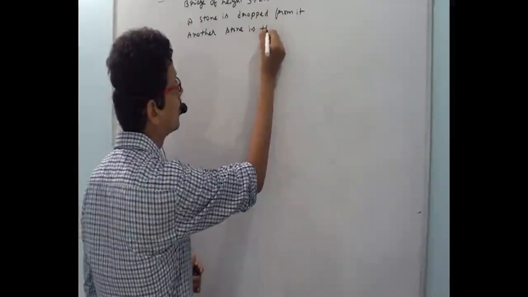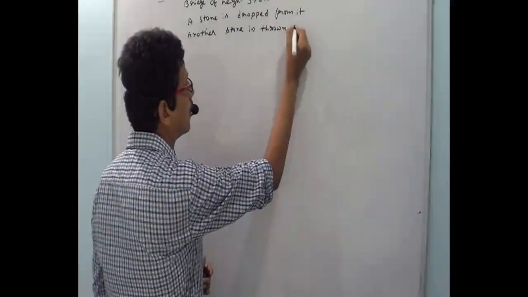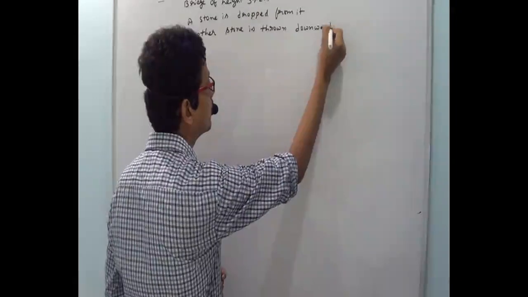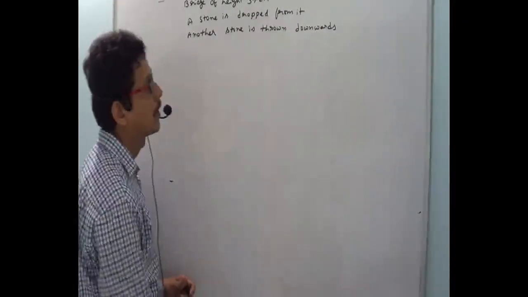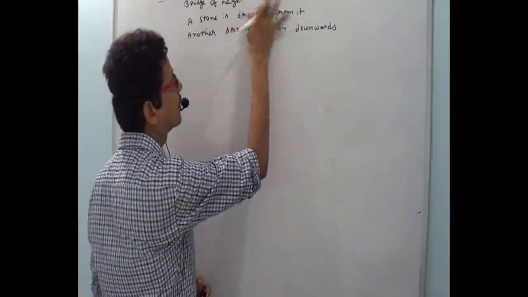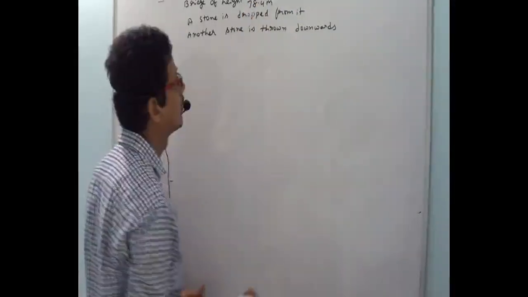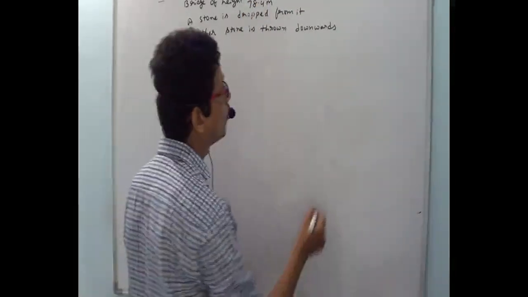Another stone is thrown downwards. Let the bridge height ఇంకా ఎక్కువ తీసుకుందాం. 78.4 meters తీసుకుందాం. 78.4 meters. Okay. Another stone is thrown downwards.